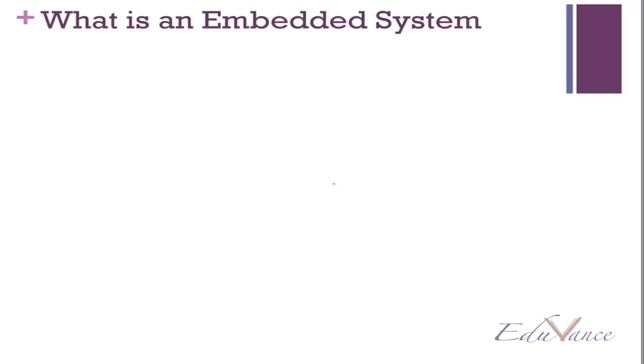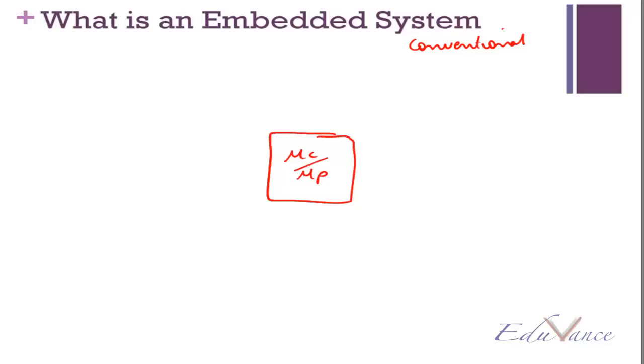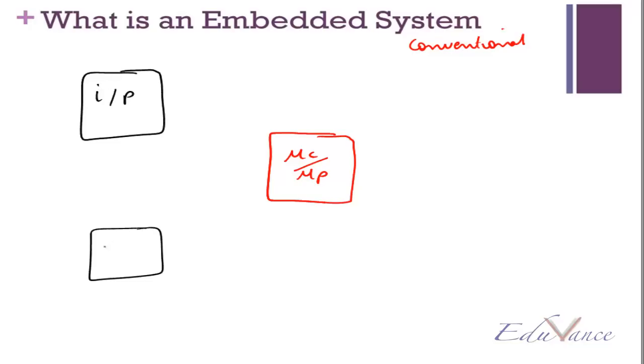When we look at a conventional embedded system, the first few things that come to our mind, we have a central microcontroller or a microprocessor with different input-output devices. So we have input devices and output devices.